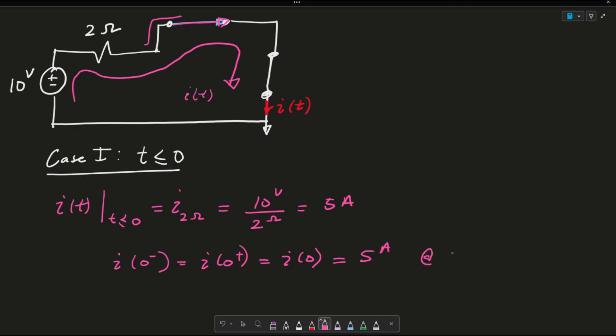Again, this is at t less than or equal to 0, which is also called my initial condition. And this is my solution for case number 1.